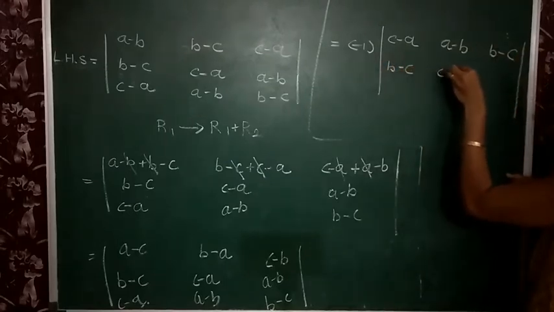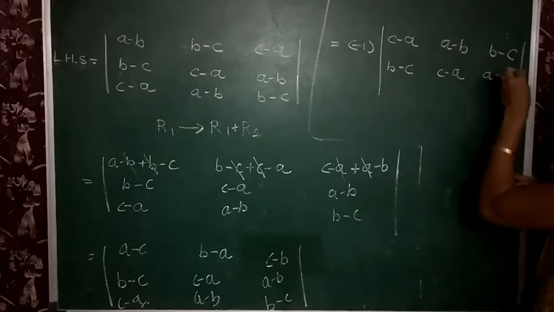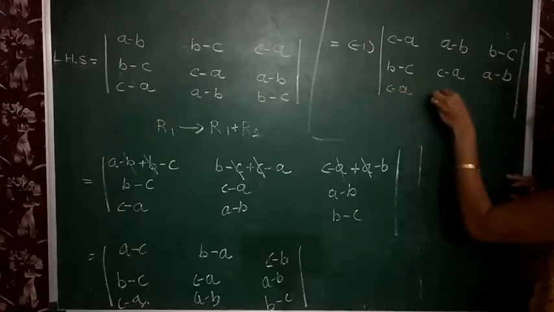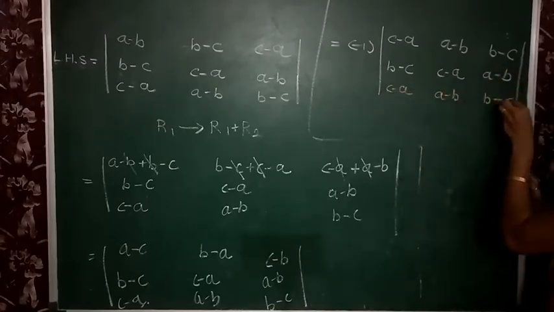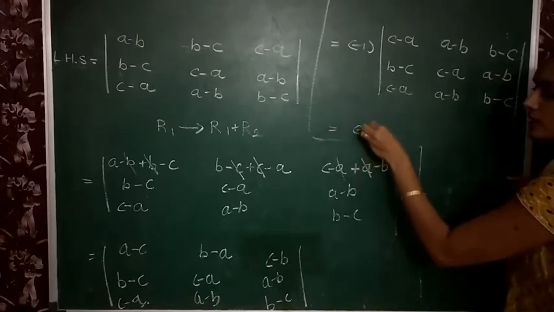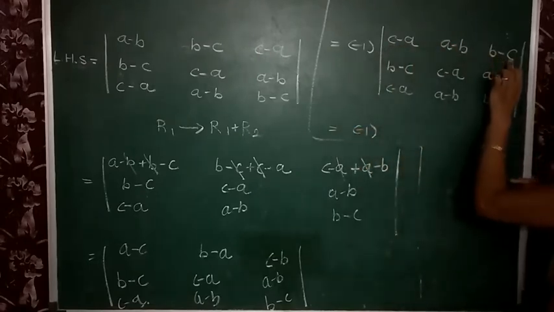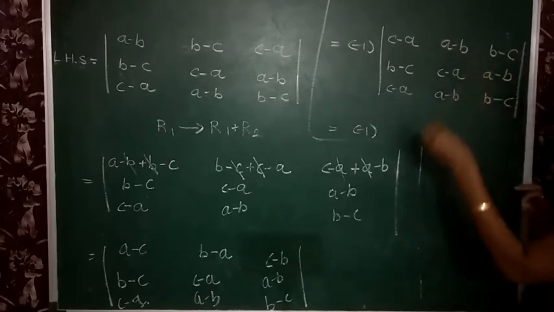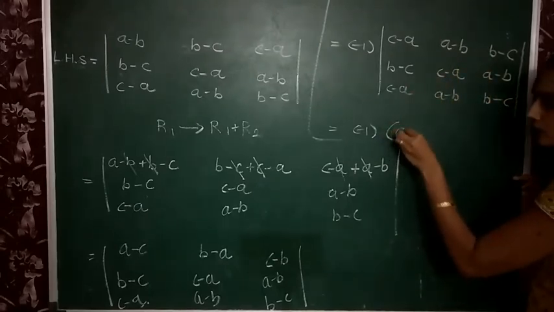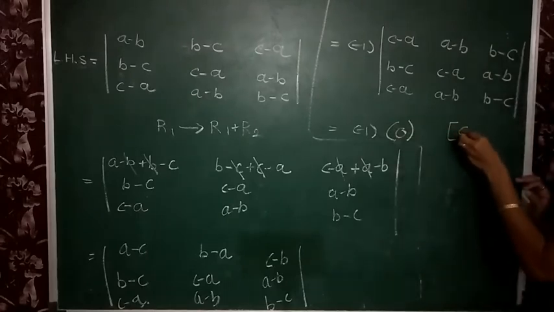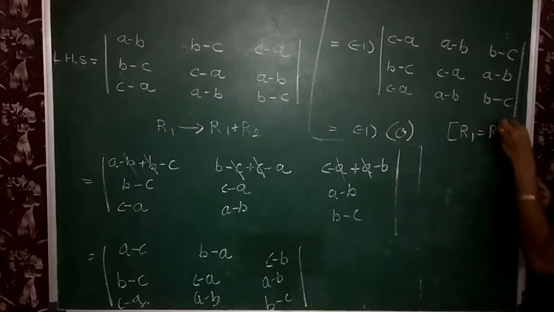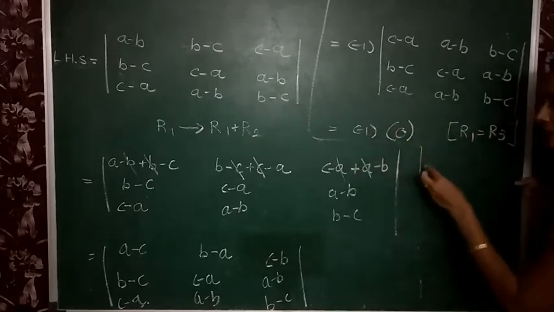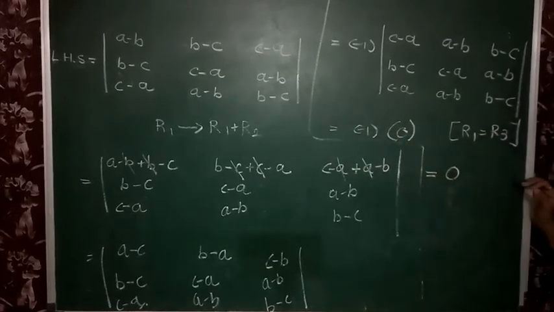Second and third row as it is. So minus 1 as it is. Here first row and third row are same, that means identical. So value of this determinant is 0 and we write R1 is equals to R3. So minus 1 into 0, answer is 0.